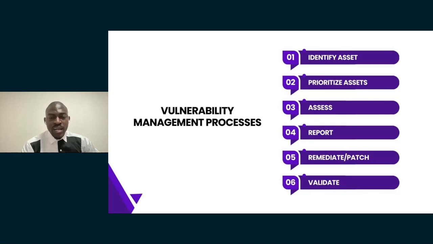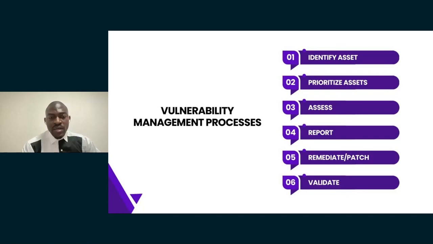What impact will it have financially, which is quantitative, or reputation-wise, which is qualitative? So it's very important that you do a little bit of risk assessment to understand this, and that will help you identify the critical assets within your environment.